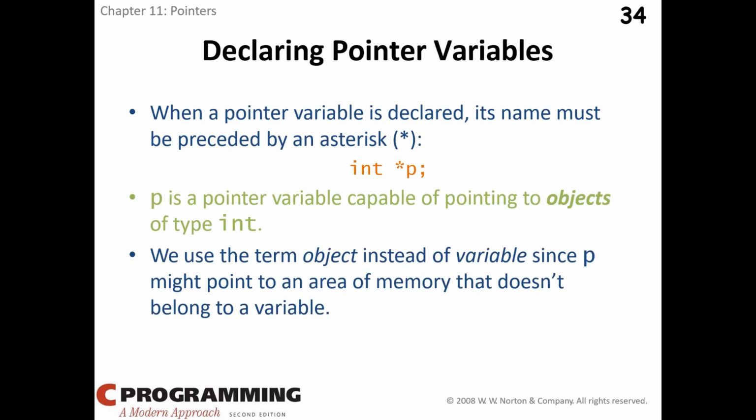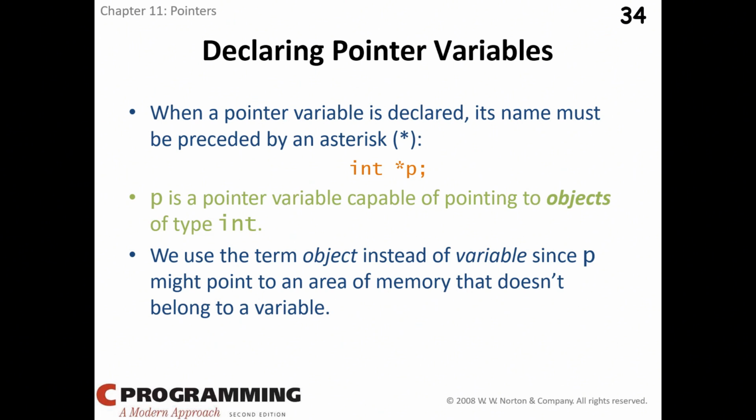In C programming, when we declare a pointer variable, its name must be preceded by an asterisk. This asterisk indicates that the variable is a pointer. For example, consider the declaration int *p. Here p is a pointer variable capable of pointing to objects of type integer. It's important to note that we use the term object instead of variable because p might point to an area of memory that doesn't necessarily belong to a variable.